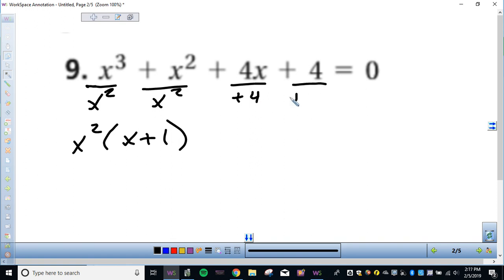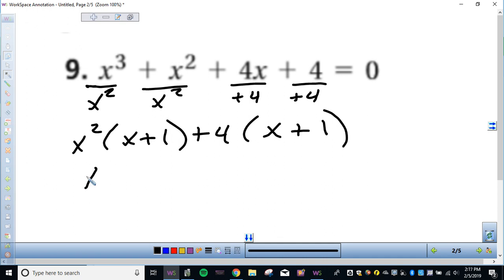I like to write the positive 4 because it helps me remember to put plus 4 right there. And then I have x plus 1 left. So x cubed divided by x squared is x. X squared divided by x squared is 1.